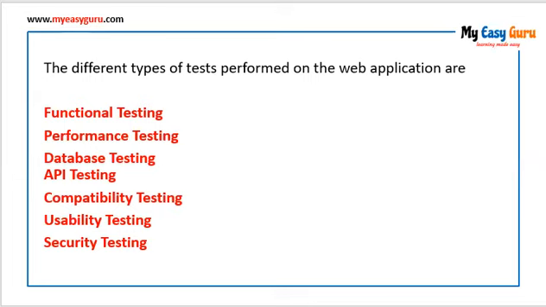Usability testing is how to use the application in a particular way, according to the user's perspective, how the application performs. Security testing, how secure your application is, because your data shouldn't be easily accessible to others as well. So how secure your application can be, that is security testing.